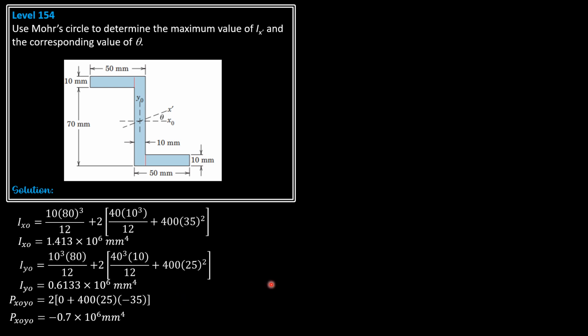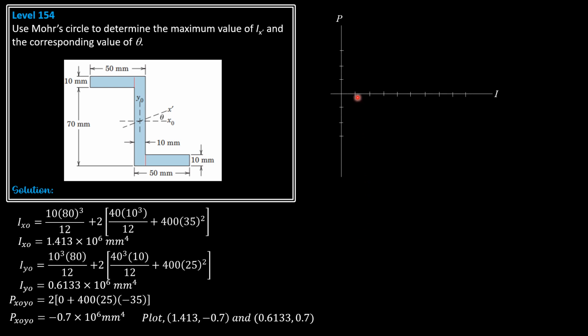We then plot 1.413, comma, negative 0.7 and 0.6133, comma, positive 0.7. So for the plotting, imagine that its graduation is 0.2, 0.4, 0.6, 0.8, 1, 1.2, 1.4 here, 1.413, comma, negative 0.7.